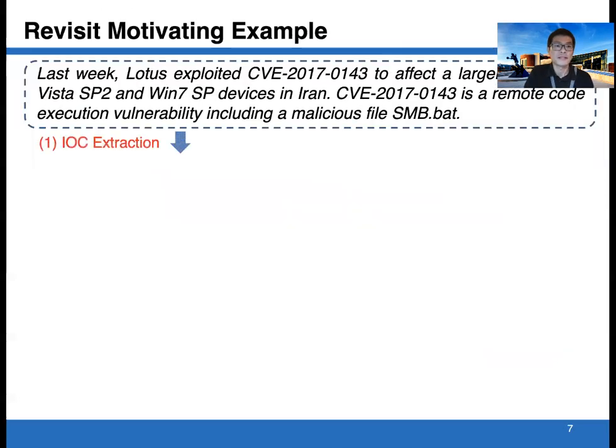Now let's revisit our motivating example. HINTI aims to implement a computational CTI framework. It can not only extract IOC or CTI efficiently, but also model and quantify the relationships between them. Here, we use this motivating example to illustrate how HINTI works.